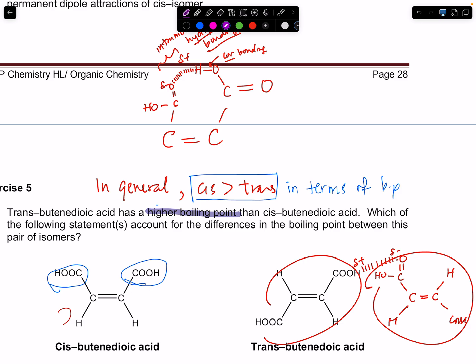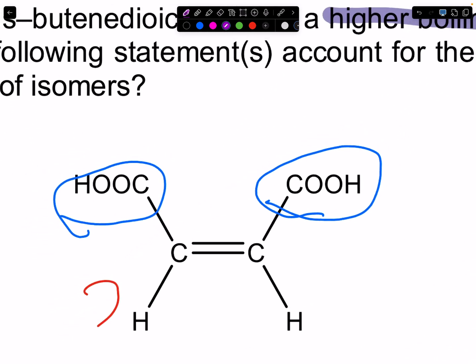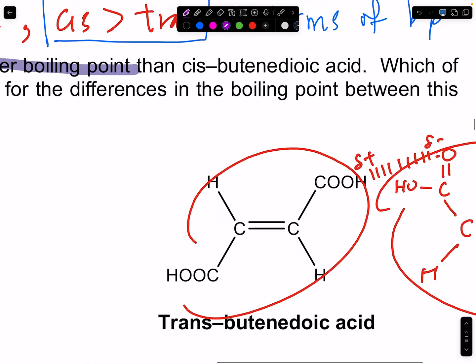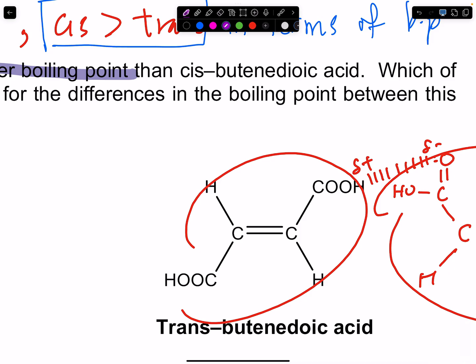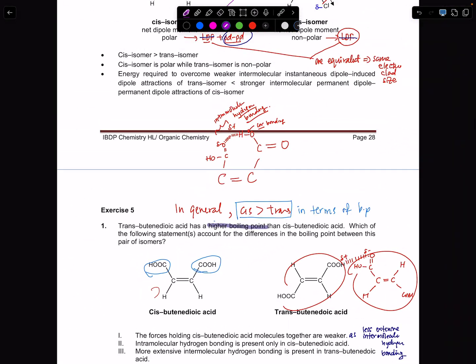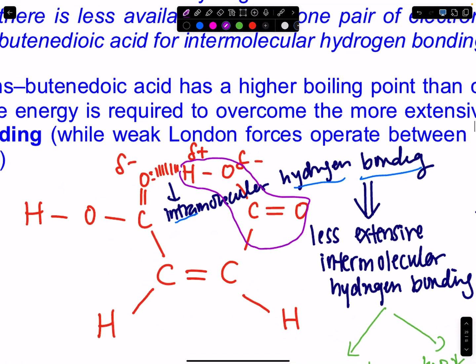I would like you guys to take a look at the two functional groups called carboxylic acid. Can you see that? The two functional groups in cis are in close proximity to each other, while in trans they are very, very far apart from each other. Can you see the two COOH groups are on opposite sides? When you have two functional groups that are very, very close to each other, guys, they form what we call intramolecular hydrogen bonding.